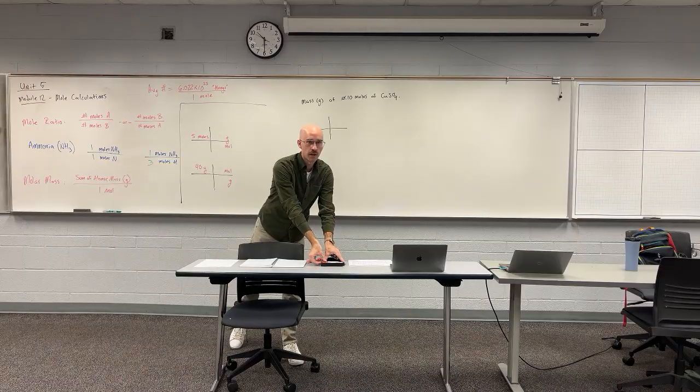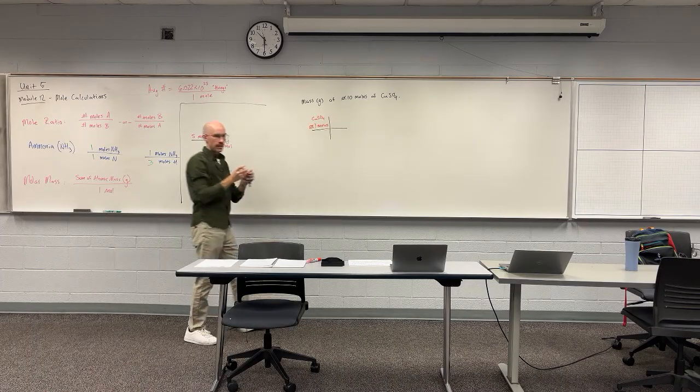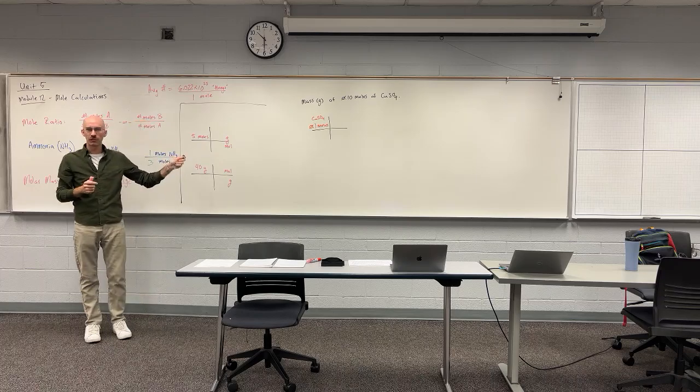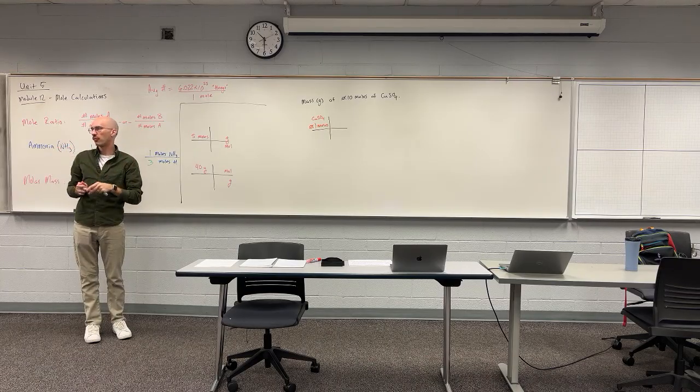And in this problem, what I know is that I have 0.1 moles of copper sulfate. I'm also going to encourage you in your conversions to be as explicit with units as possible. Don't just put moles of copper sulfate.